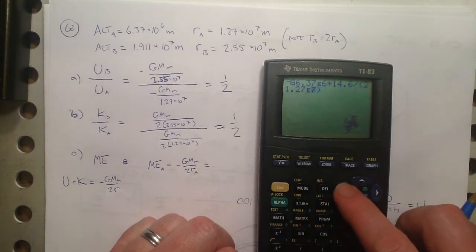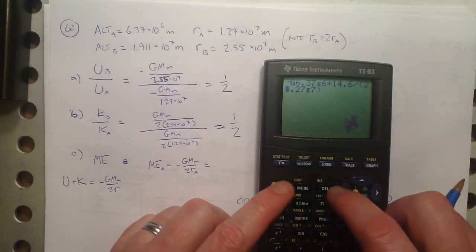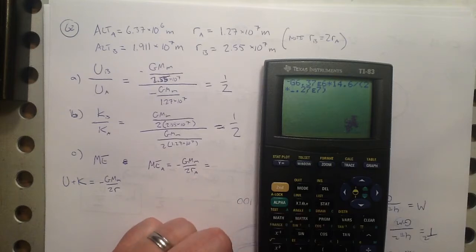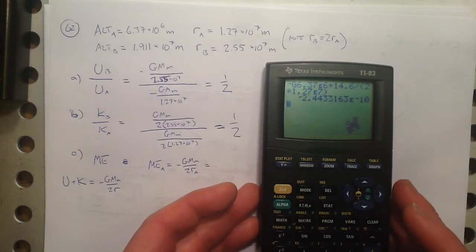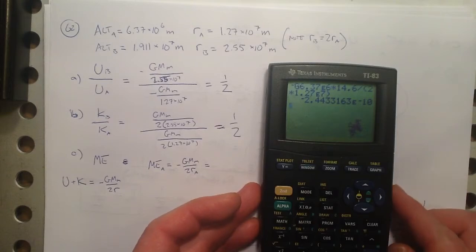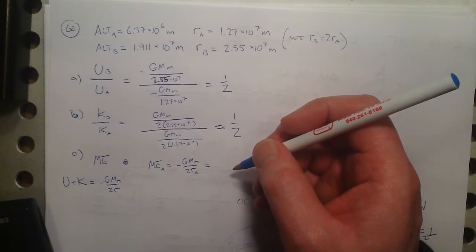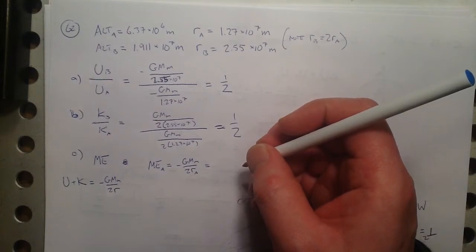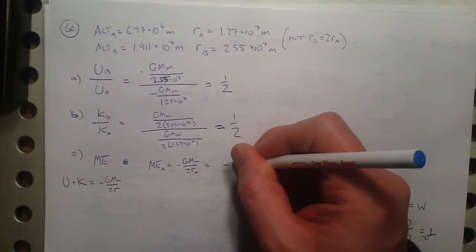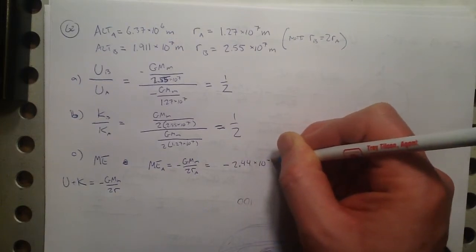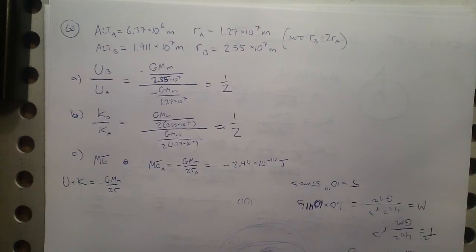Oops, I forgot a multiplication sign, didn't I? So let's insert that there. I think that's good. And GMm over 2R, that is negative 2.44 times 10 to the negative 10th joules.